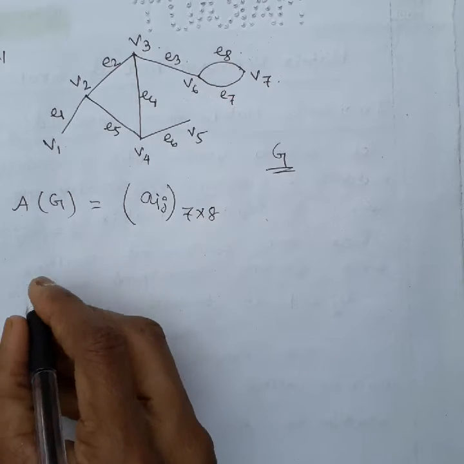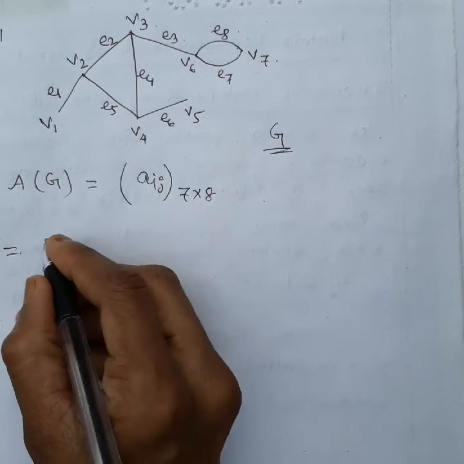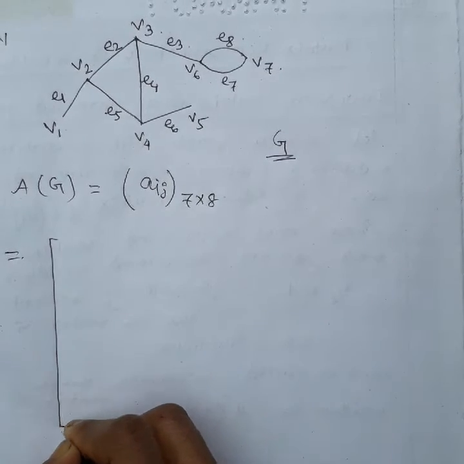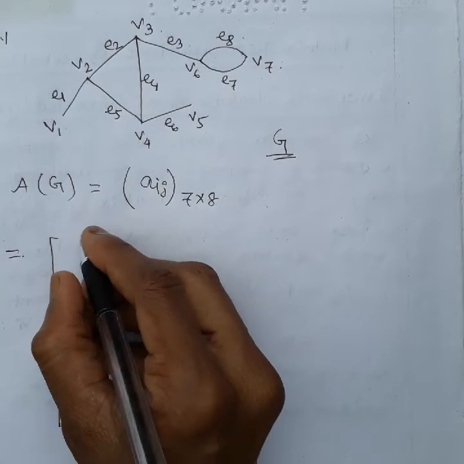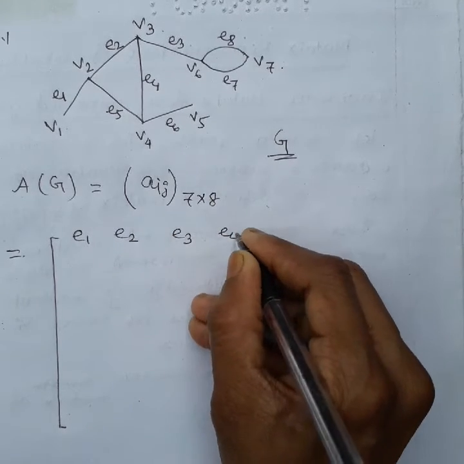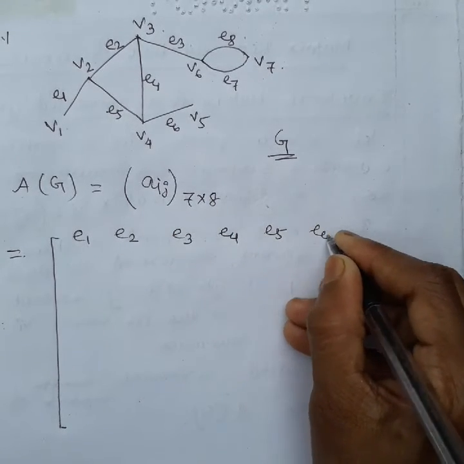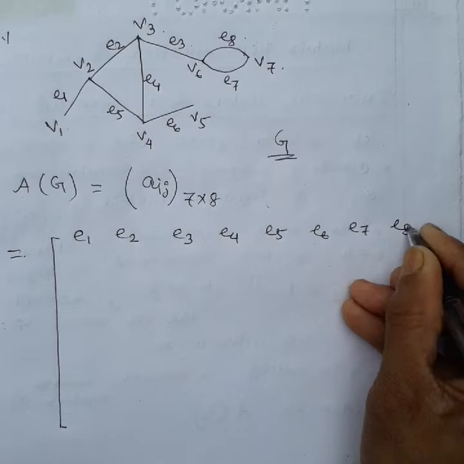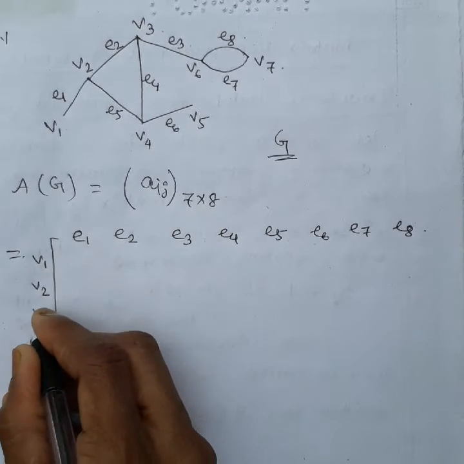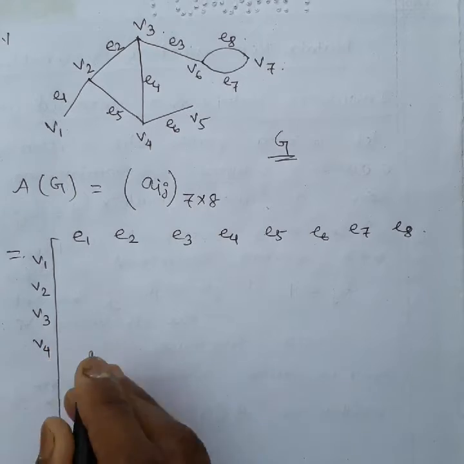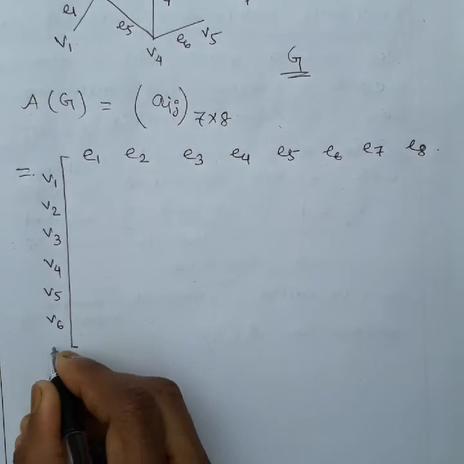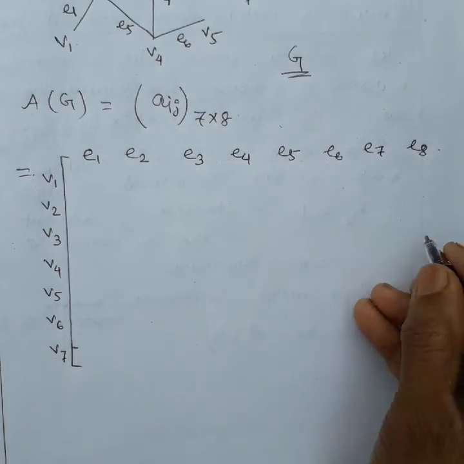So first we write the columns E1, E2, E3, E4, E5, E6, E7 and E8, and the vertices V1, V2, V3, V4, V5, V6 and V7.